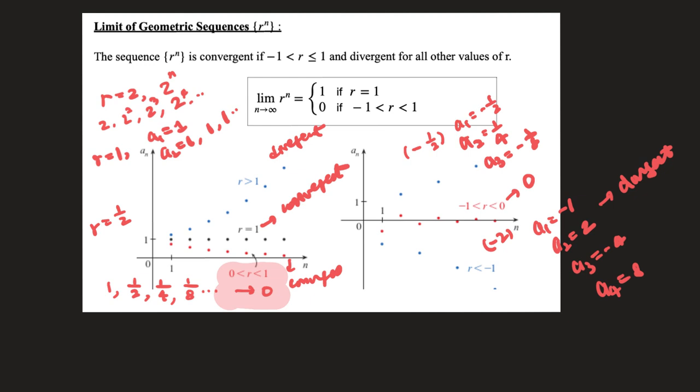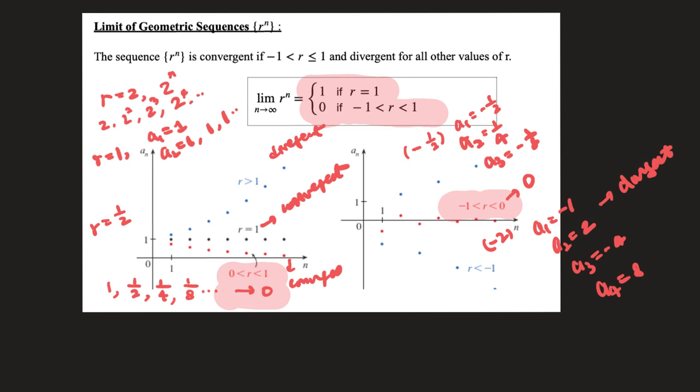So what did we do here, guys? R between 0 and 1 converges. R between negative 1 and 0 converges. R equals 0 means it's constant, which converges. So here's the conclusion. R between negative 1 and 1 converges, going to 0. R equals 1 converges, going to 1.